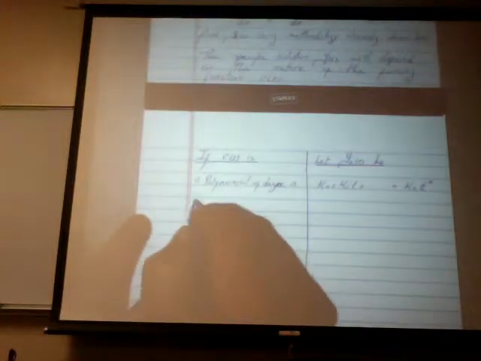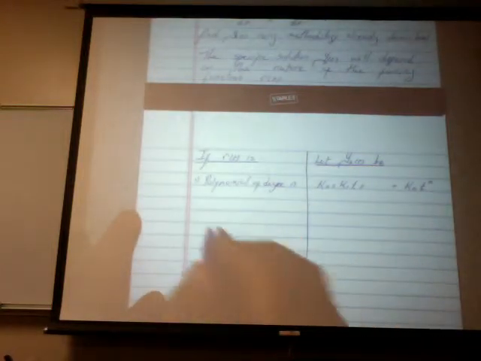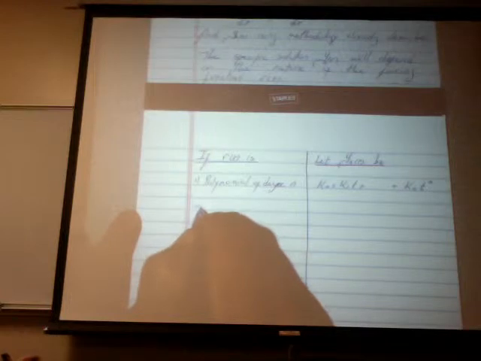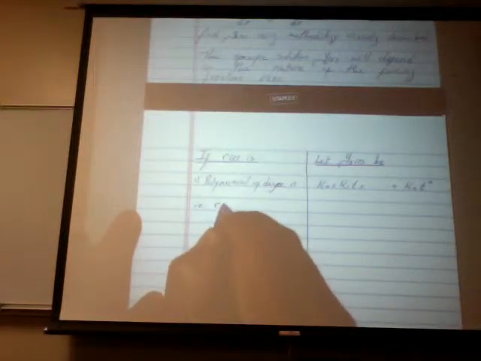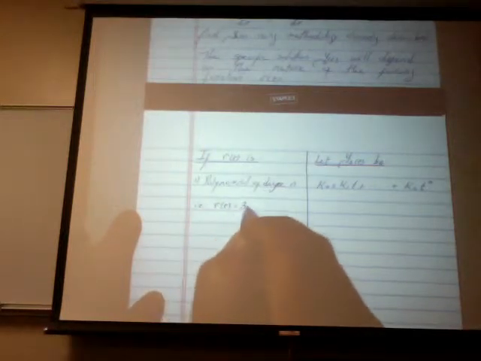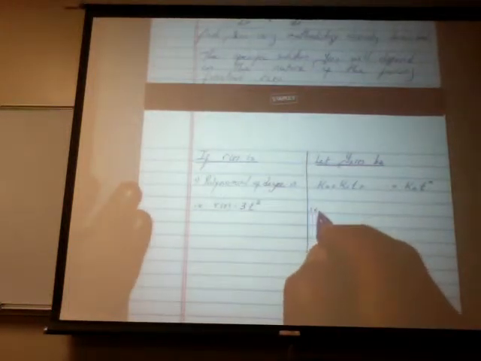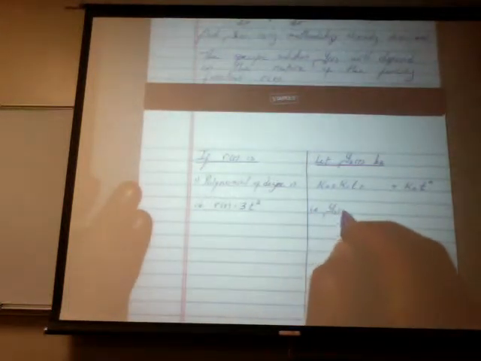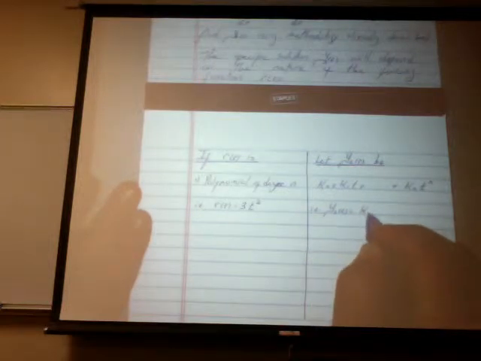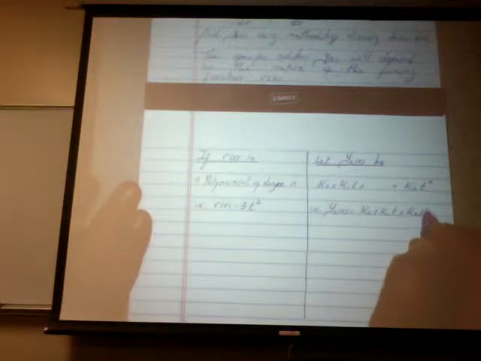For example, let's say that r of t is equal to 3 times t squared. That is a forcing function on the right hand side. Then you're going to let ys of t be equal to k0 plus k1t plus k2 t squared.